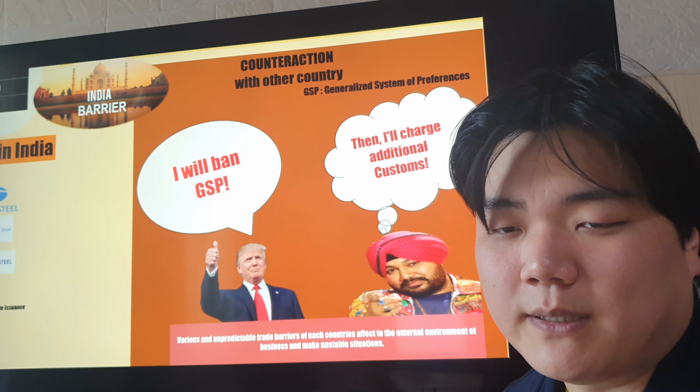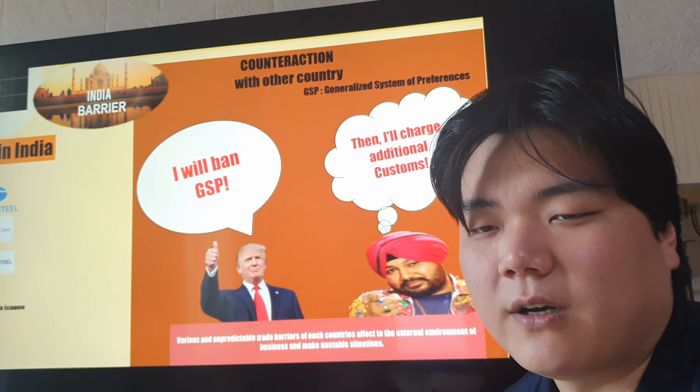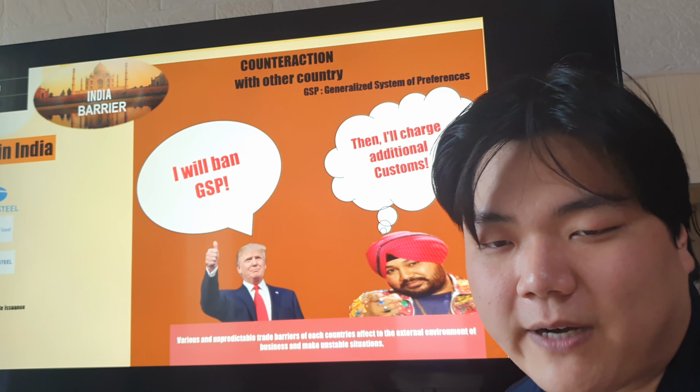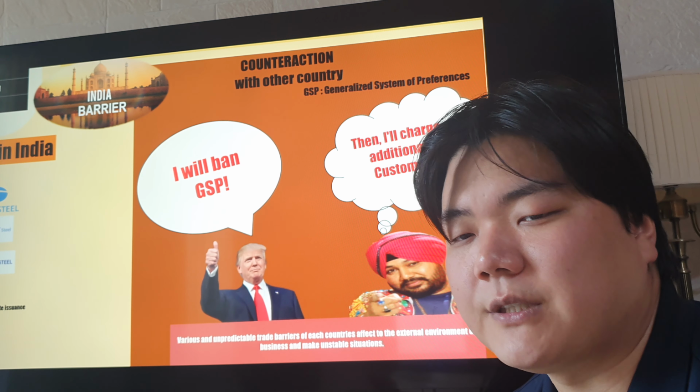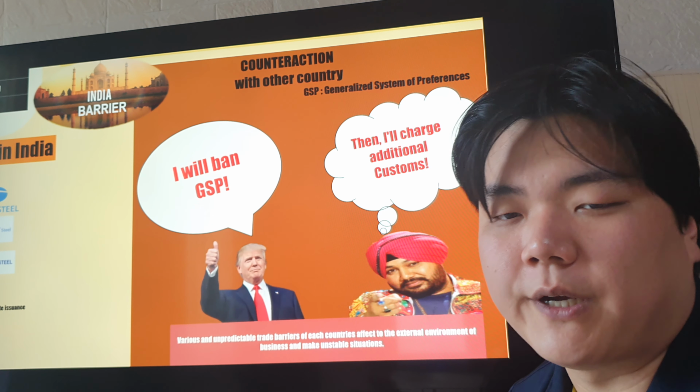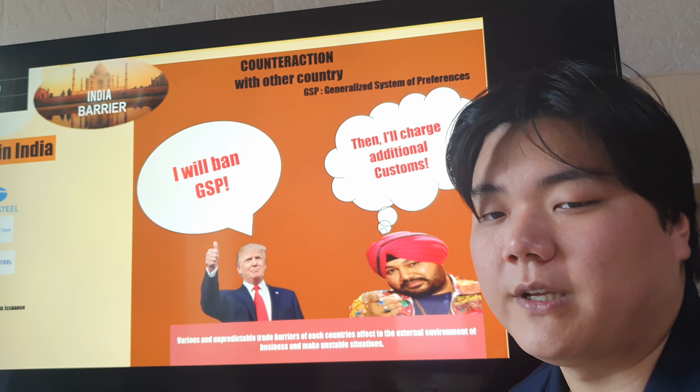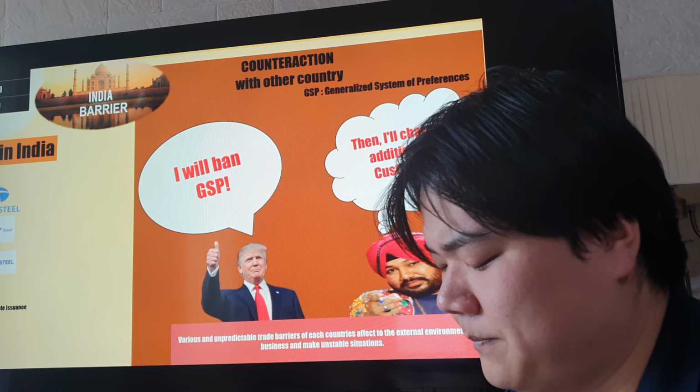India defends its position on religious and cultural grounds, whereas the US association calls these requirements scientifically unwarranted.